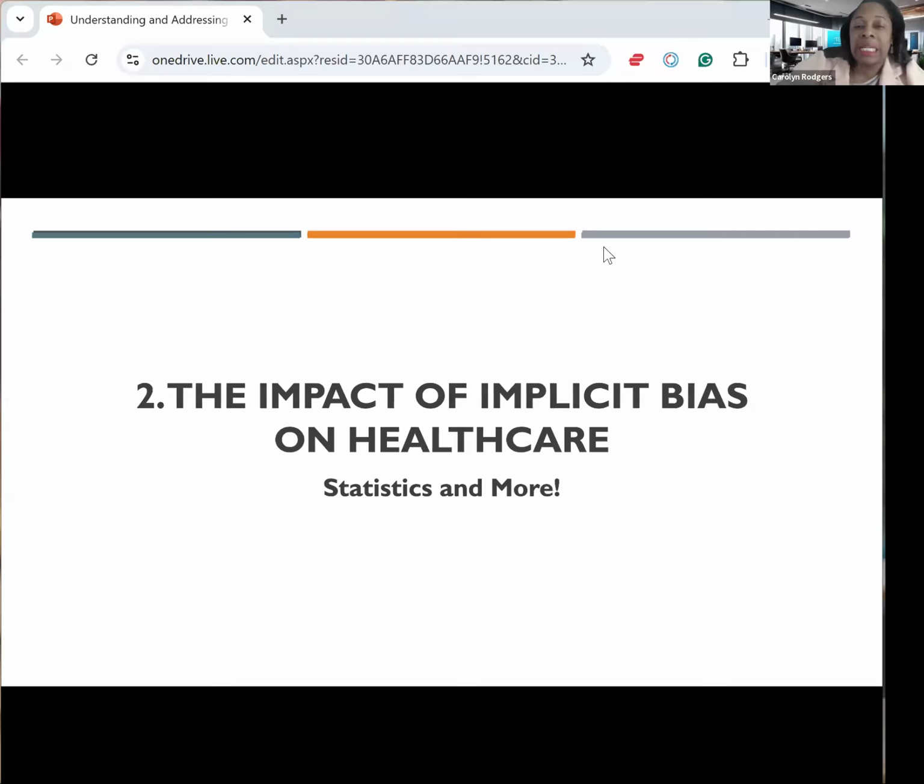Providers may unintentionally underdiagnose or undertreat patients from marginalized groups. One example of this is that studies have shown that Black patients are less likely, again, to receive adequate pain management. When I was working in the field of addictions, we saw that often. A lot of it was people making assumptions about individuals who were receiving treatment.